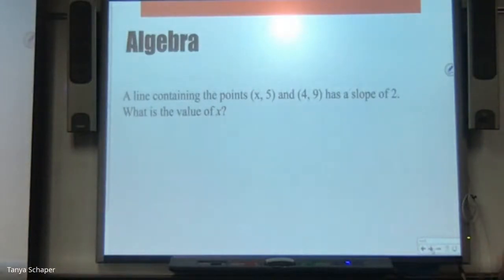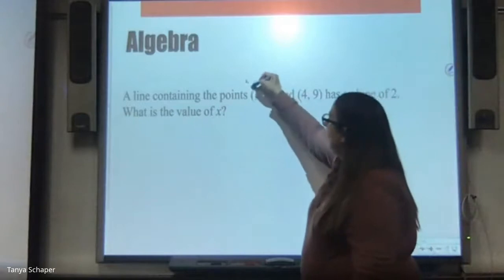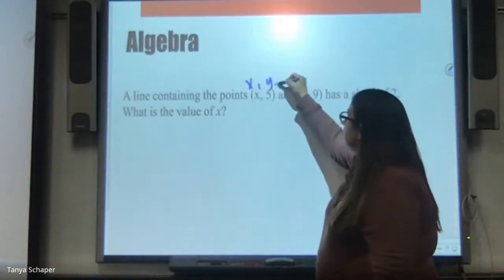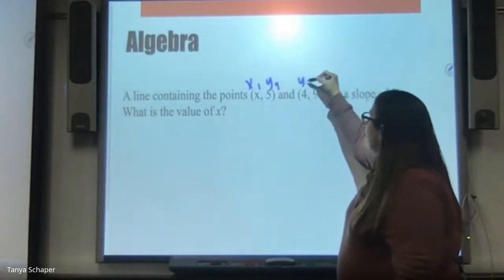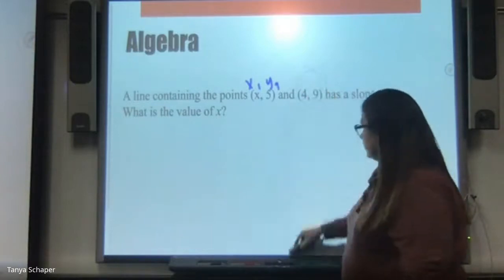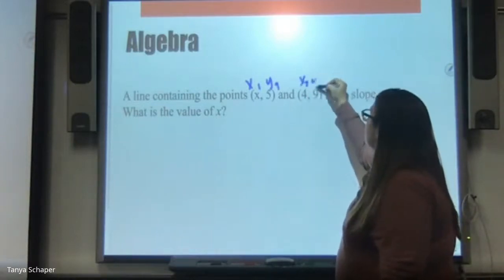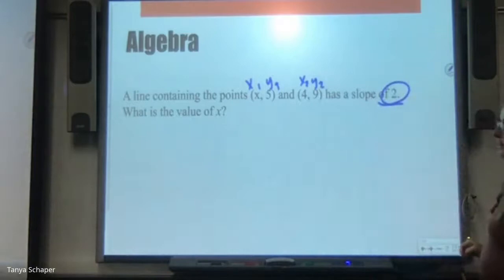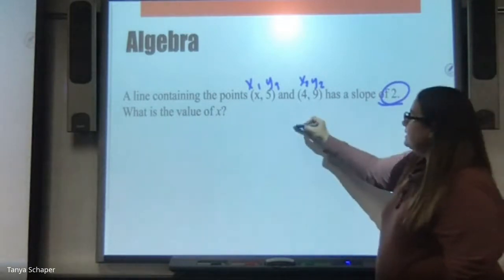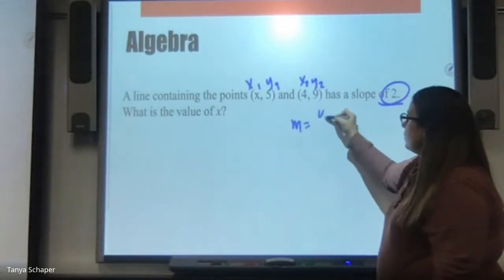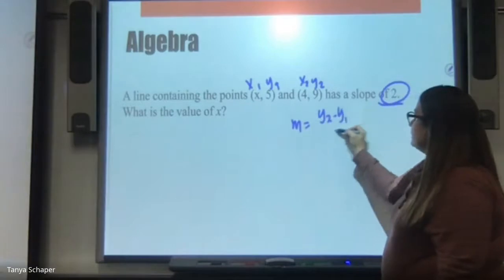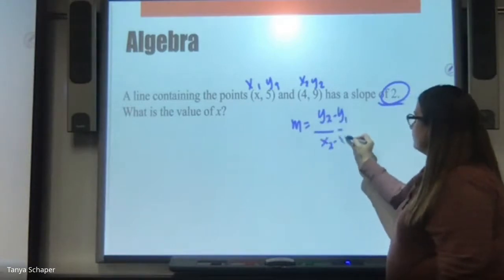All right, so this is something we're going to pull back from last year. It's using the slope formula. Only the difference is, we're telling you what the slope is. So when I write out my slope formula, m is equal to y sub 2 minus y sub 1 over x sub 2 minus x sub 1.